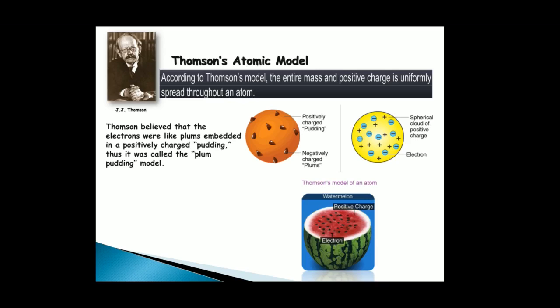So Rutherford proposed the second atomic model to explain the structure of the atom, based on his alpha particle scattering experiment by thin gold foils.